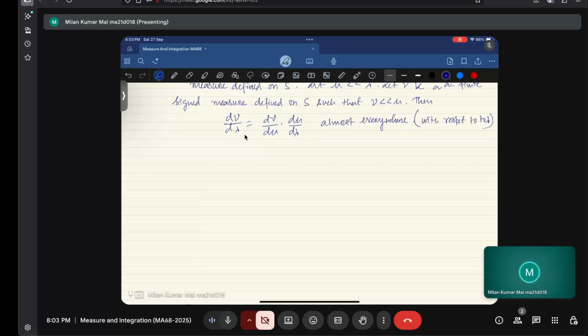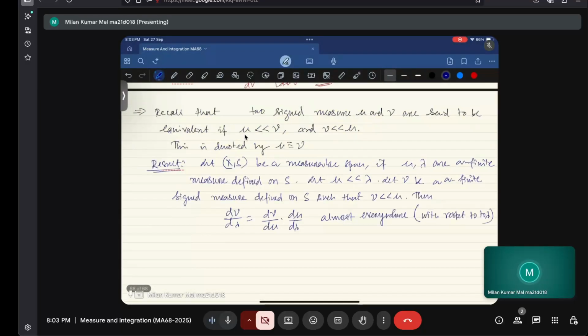Here both of them are sigma finite, so we don't need to consider them any other way.